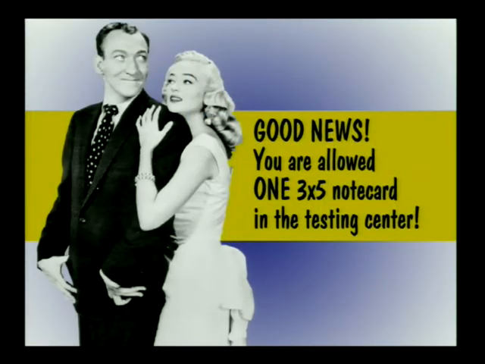The good news is that you are allowed one 3x5 note card in the testing center. That's their rules. It's just one card that you can use to remind you of things that you really don't quite get. All the stuff that you know, you don't have to worry about.